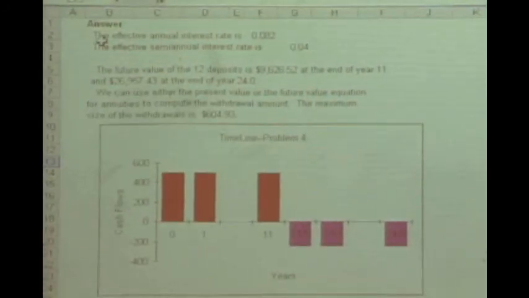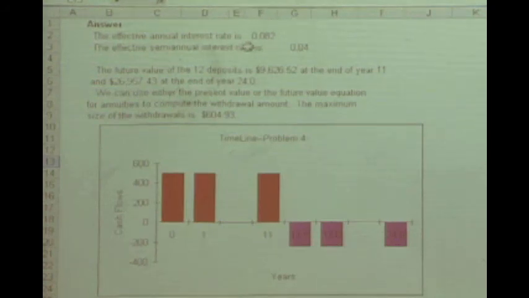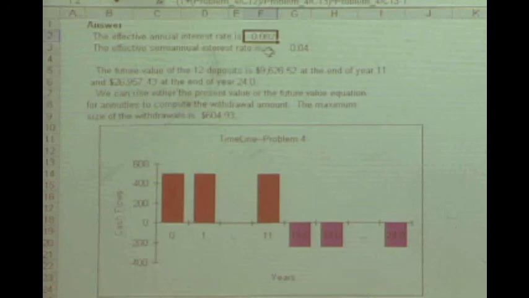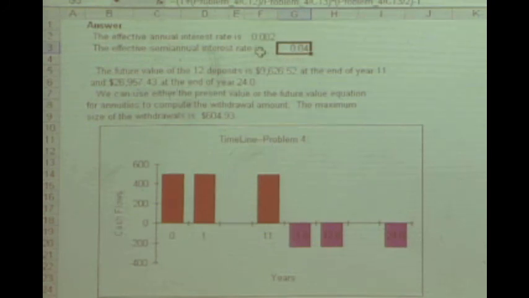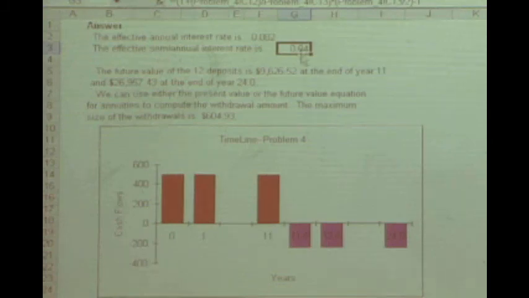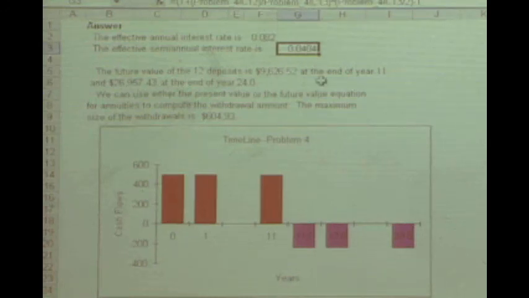Basically, I decided to work it this way. I said, well, we have an effective annual interest rate, and of course, if you look at that, you can see how it was calculated. We have an effective semi-annual interest rate. And I think I should have more decimals really.